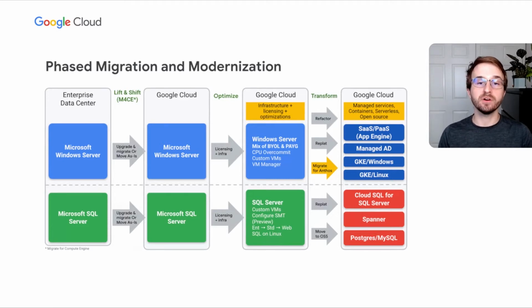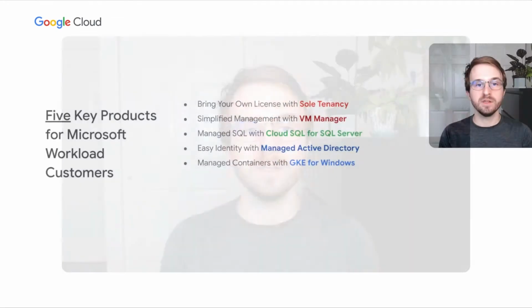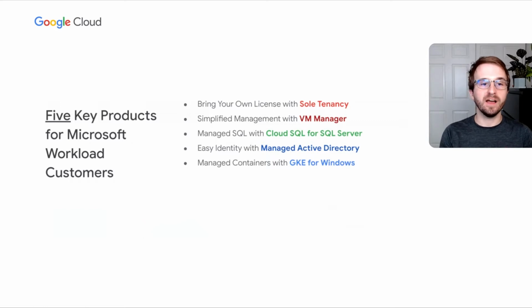And for still other customers, it means getting off the Microsoft stack entirely and moving to open source solutions or cloud native solutions. Today, we're going to focus on the optimization and modernization stages of this journey, with a key focus on Microsoft workloads. These are 5 key products that play an active role in this process.